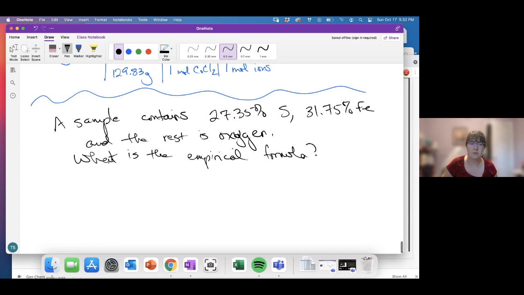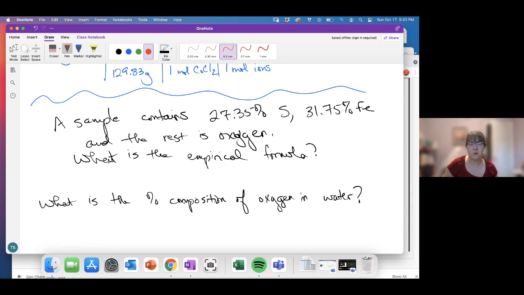So notice there's this kind of question. The other kind of question is just the one that will say something like, what is the percent composition of oxygen in water? I know it's a really straightforward one.